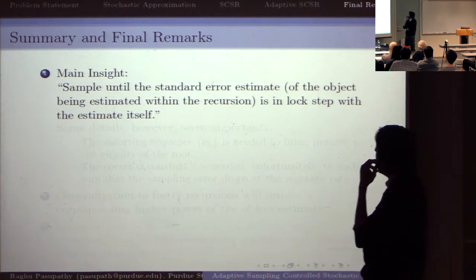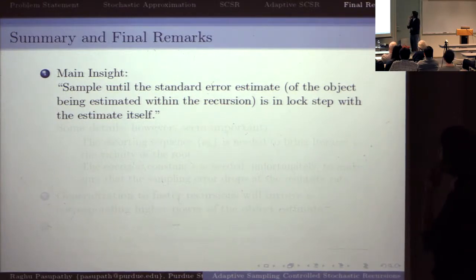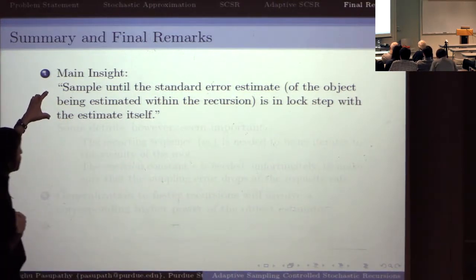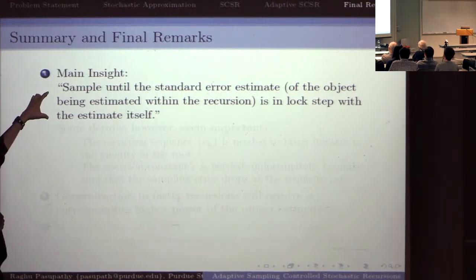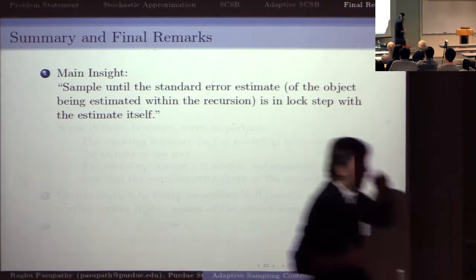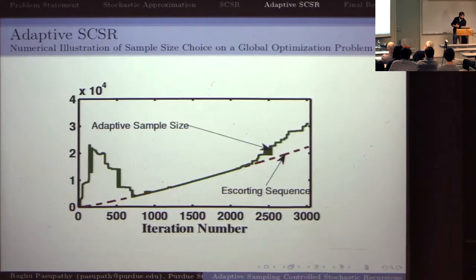Okay, so the main insight, again, is you have to sample. The main insight of the heuristic, for example, is you want to sample until the standard error estimate of the object being estimated within the recursion is in lockstep with the estimate itself. So if there's one takeaway right here, it's this one.